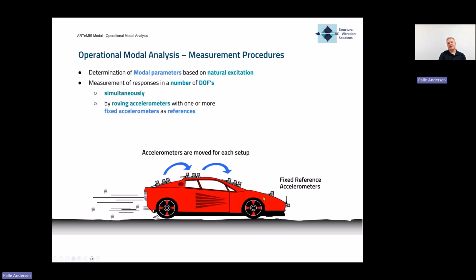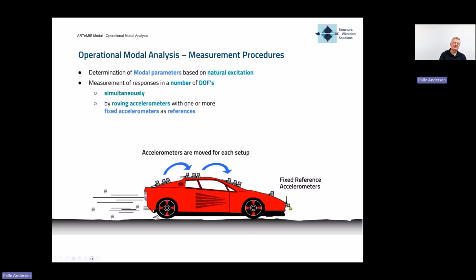The next is that you need to put these in different locations where the modes that you are looking for have a good amplitude. And it might be difficult to find a single point in a single direction where all the modes you're looking for have a nice high amplitude level.